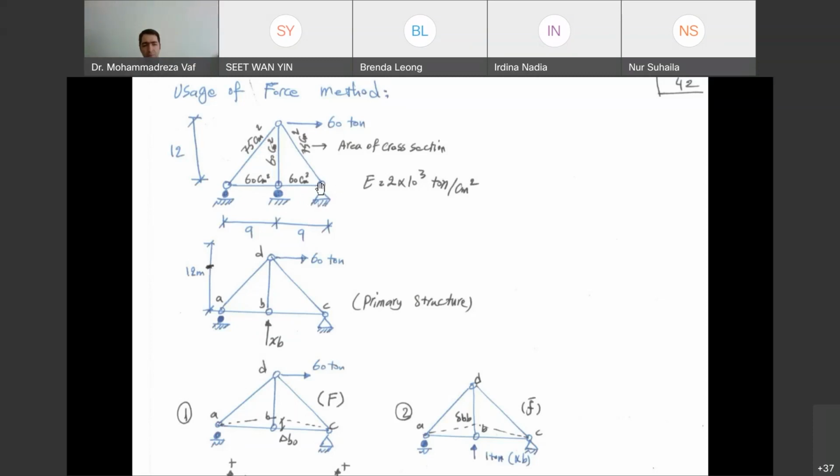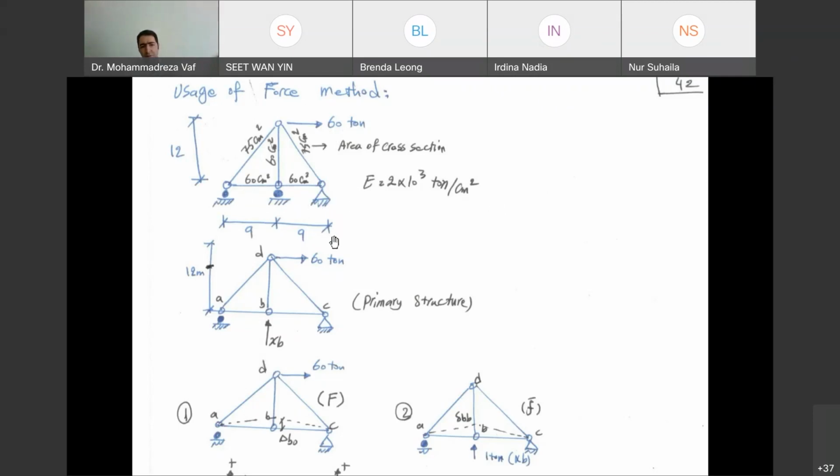If you consider the horizontal reaction of this pin support to be redundant, then the truss is going to turn into a truss with 3 roller supports, because if you remove that one, the pin turns to a roller. So if you have 3 roller supports and you have a horizontal force, your truss is going to move to the right side, which makes it unstable. Therefore, the horizontal support reaction of this pin support cannot be selected as the redundant support reaction.